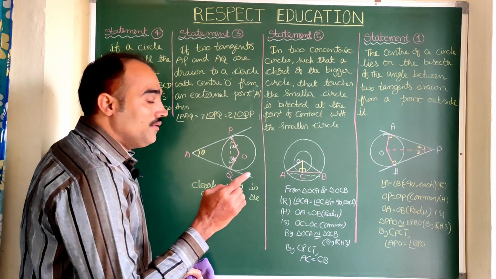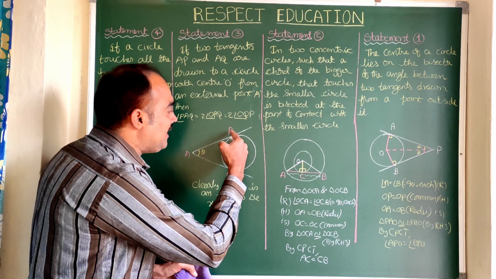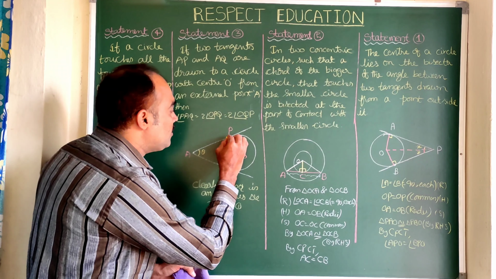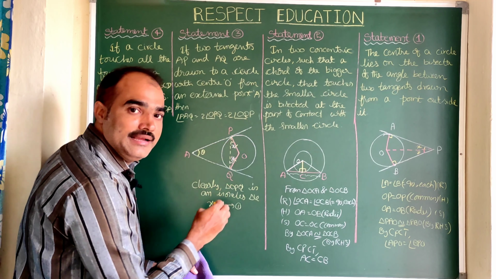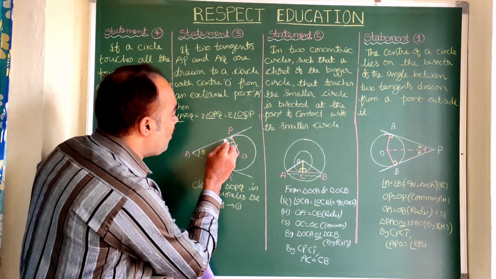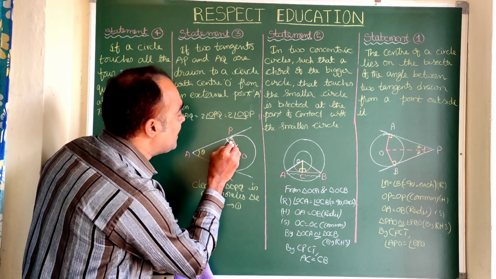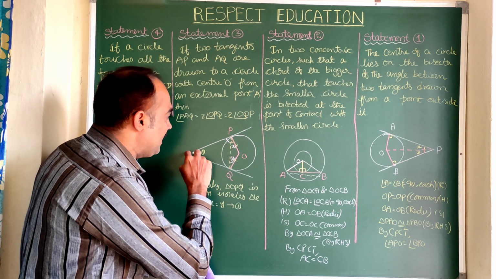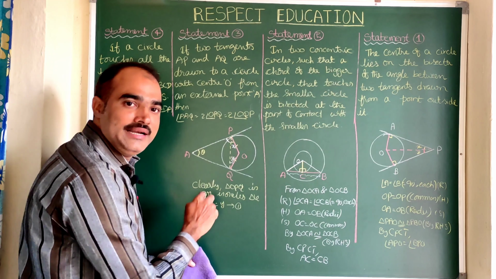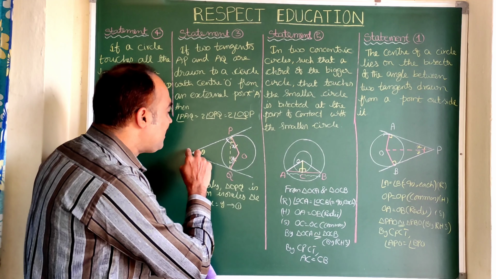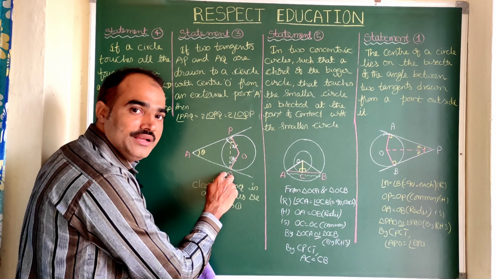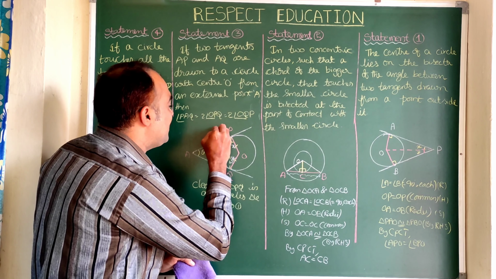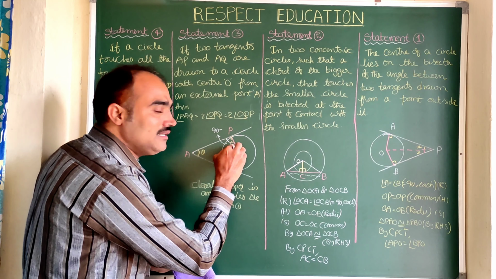Now we know that the angle between the radius and the tangent at the point of contact is 90 degrees. So this full angle is 90. Then you can easily guess the other part of this angle. Here angle APO is 90 degrees, and angle APQ is clearly 90 minus x, since x of the angle is already occupied.